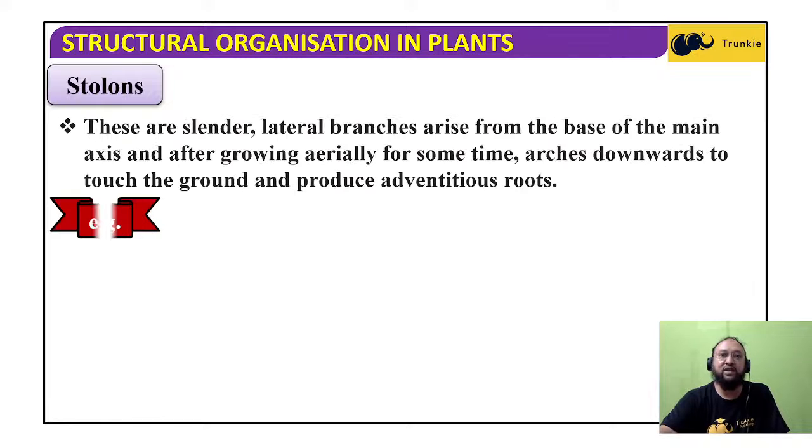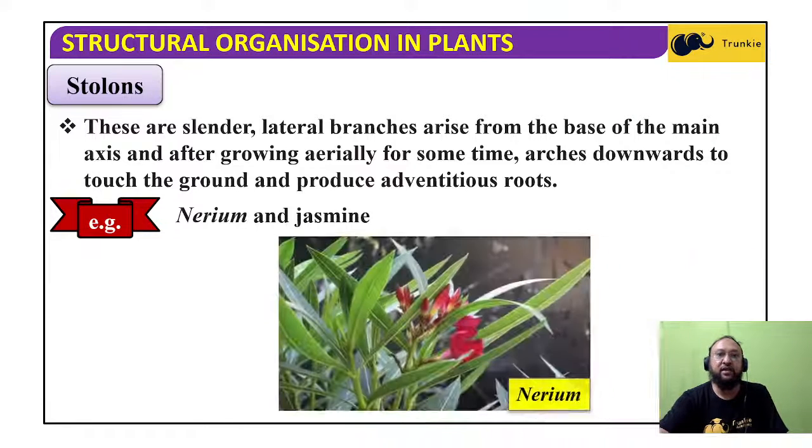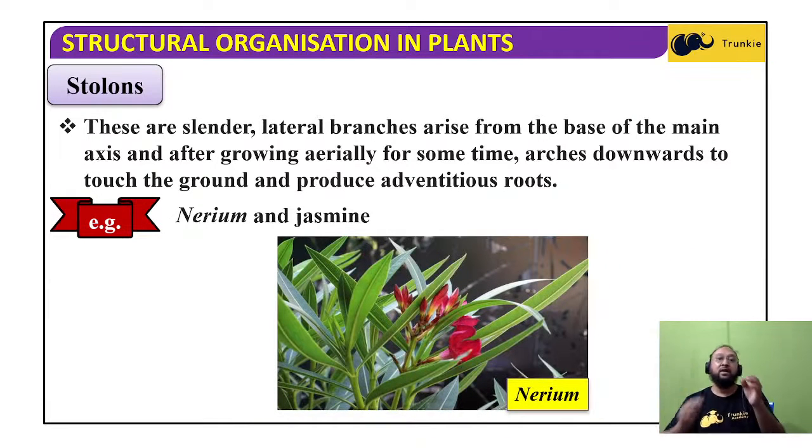And stolons: these are slender lateral branches that arise from the base of the main axis, and after growing aerially for some time, arch downwards to touch the ground and produce adventitious roots. Now you see nerium and jasmine. The branches are lateral, not horizontal, not vertical.